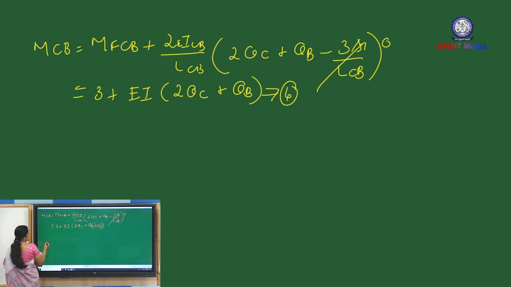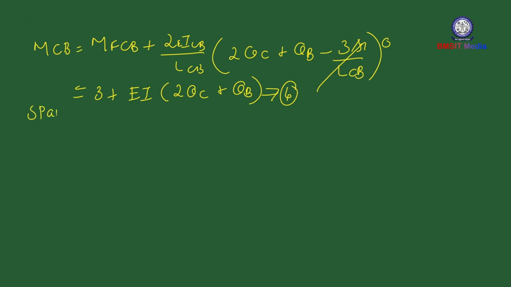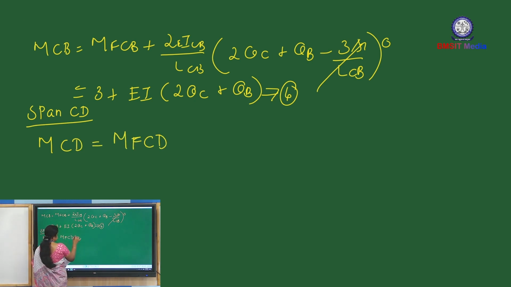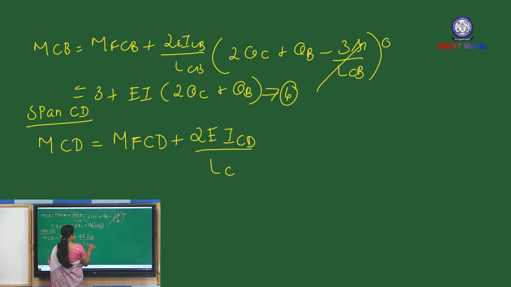So similarly we have to write down the equation for the span CD also. Now coming to span CD, that is MCD equal to M of CD plus 2EI, here I equal to ICD, divided by LCD.